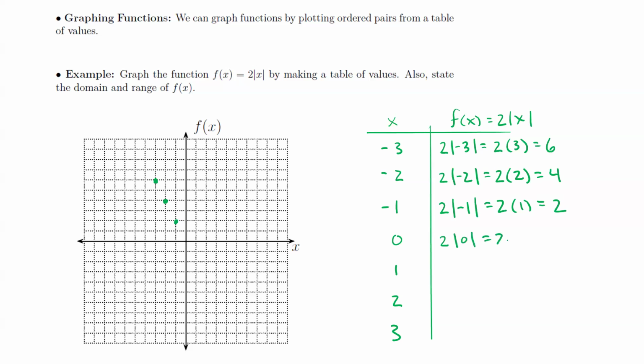When x is equal to 0, y equals 0. And then we'll go ahead and plug 1 in. And now what happens is that it looks like the y values start to rebound again.